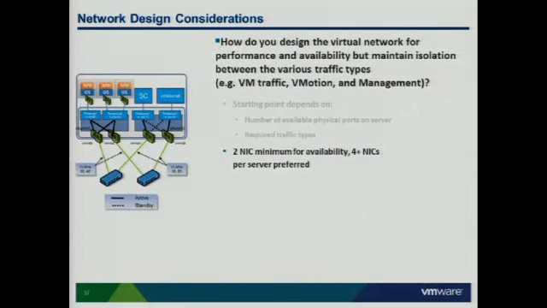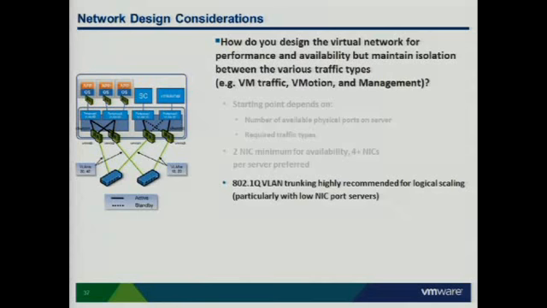So you'll probably end up with 2 NICs minimum for availability, and we really recommend 4+ NICs per server. I know that's a challenge with some of the blades and whatnot. 802.1q VLAN trunking is highly recommended for the logical scaling. So basically, our VLAN tagging we talked about earlier, and specifically with the low NIC port servers.